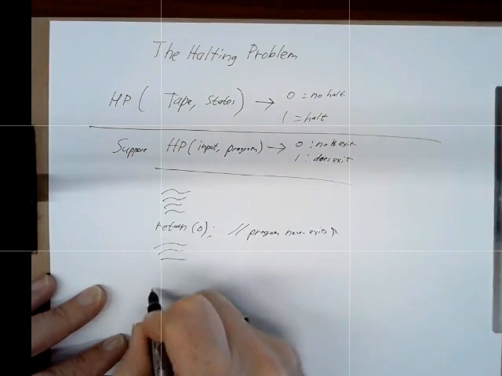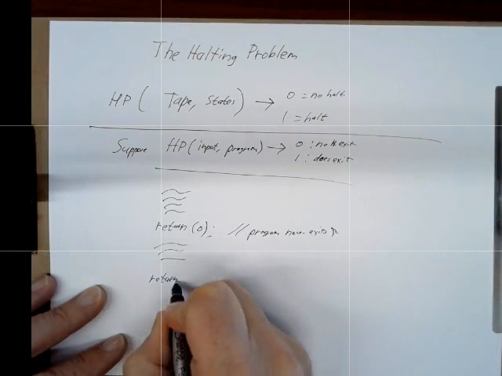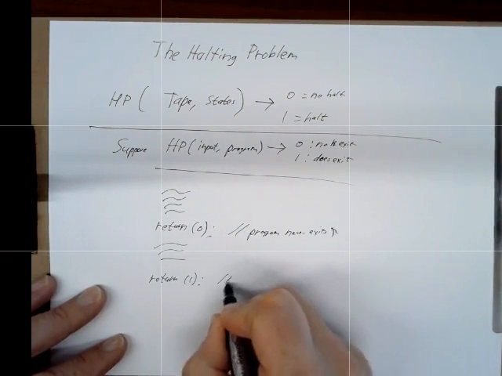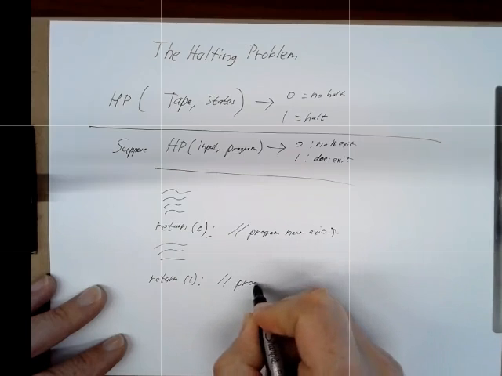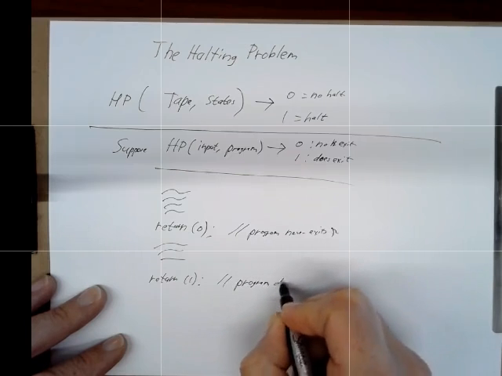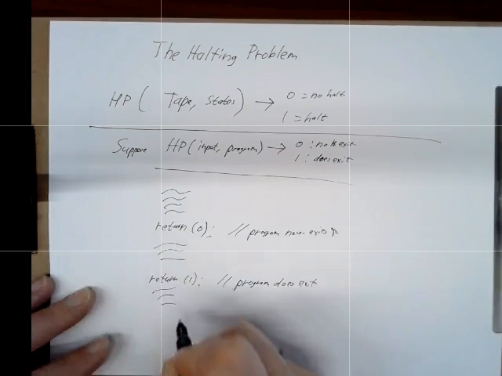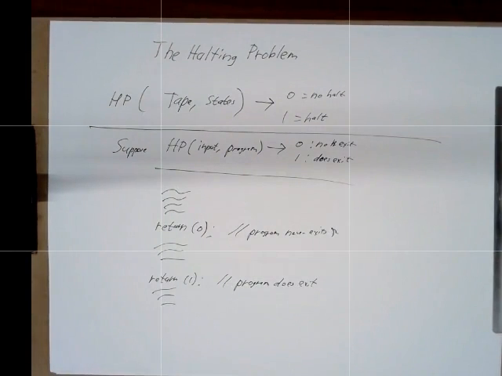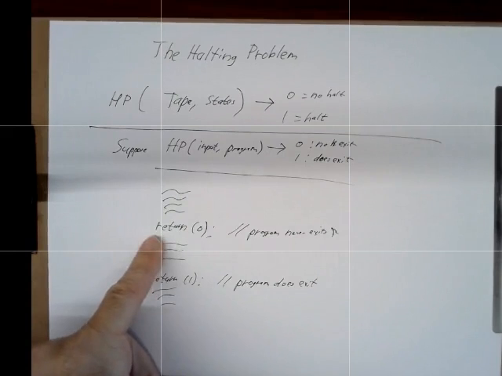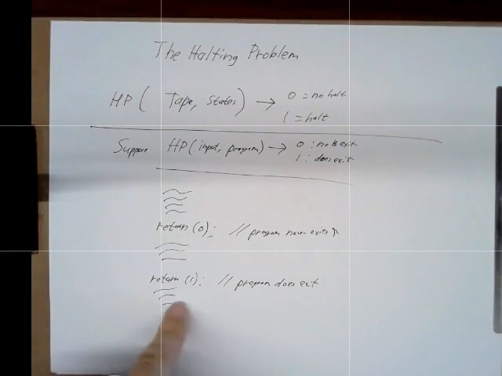And somewhere else in here, there's a statement which says return 1, which means that you've analyzed the program and the program does exit. And there's some other code in here also. But if your function HP is going to eventually return a 0 or a 1, there's a place or multiple places in here where eventually it returns either 0 or it returns 1, right?